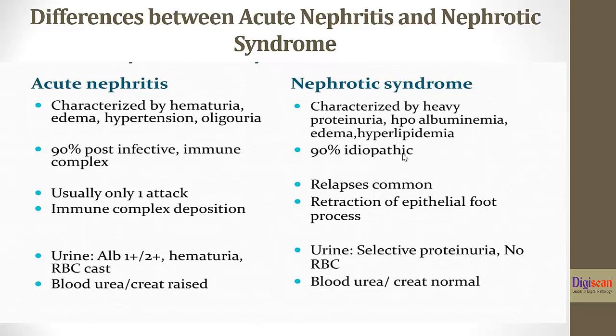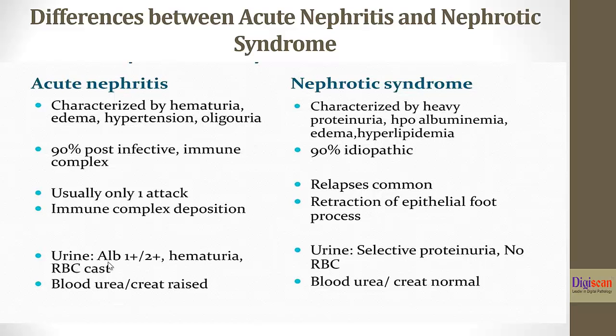In nephrotic syndrome, 90% of the cases are idiopathic. In nephritic syndrome, the patient usually suffers only one attack. In nephrotic syndrome, relapses are common.